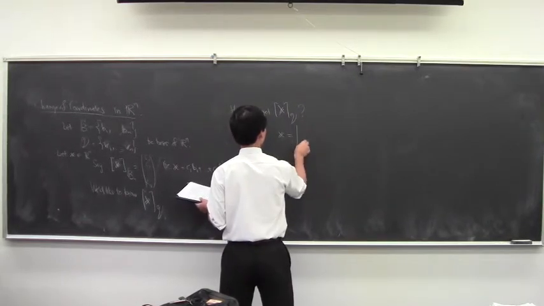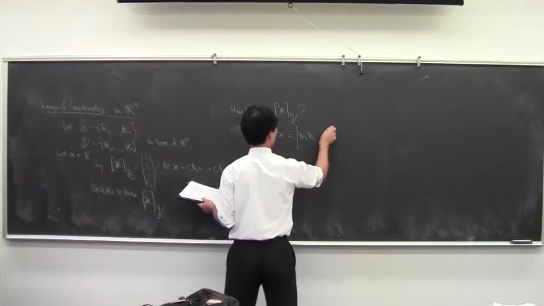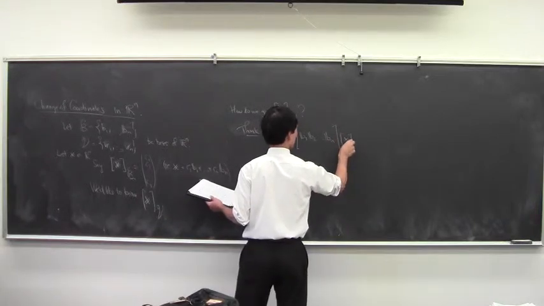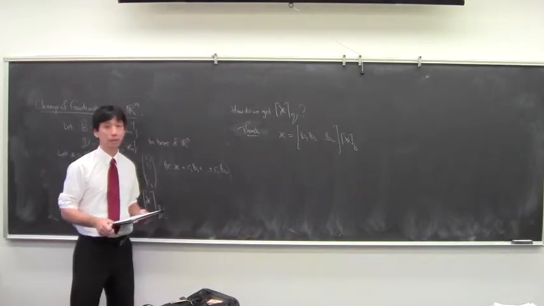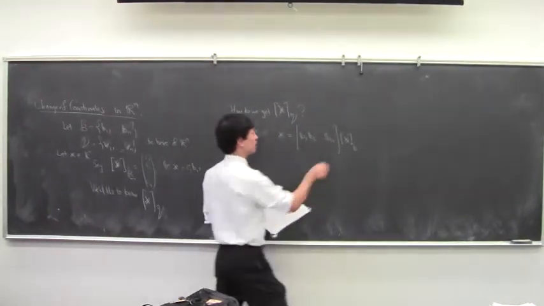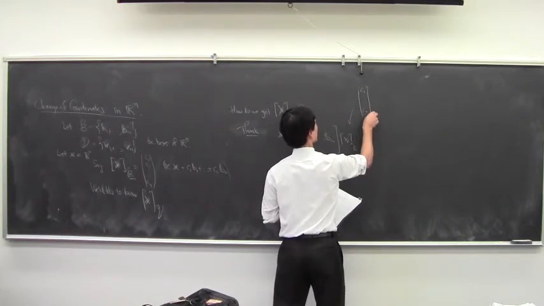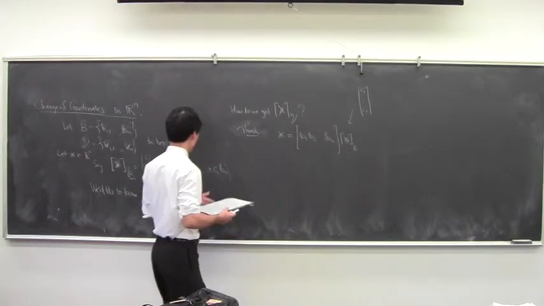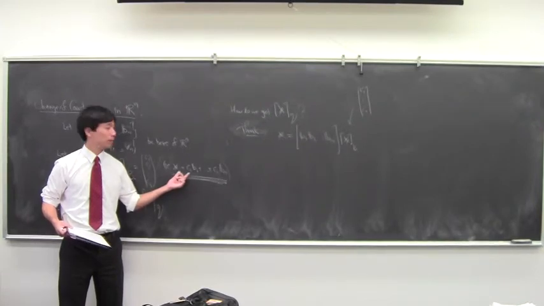We'll get it like this: B1 B2 Bn times the vector of C's. This thing is the vector C1 to Cn. That's just a translation of this, right?